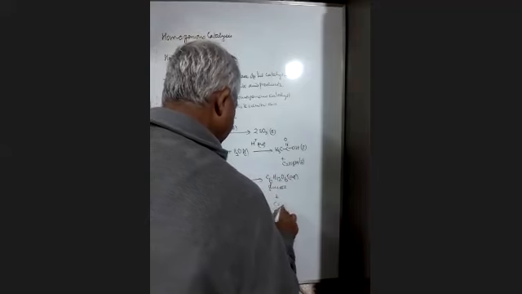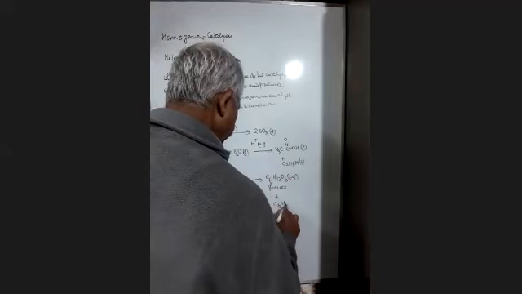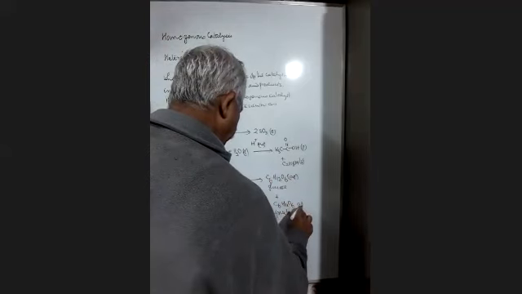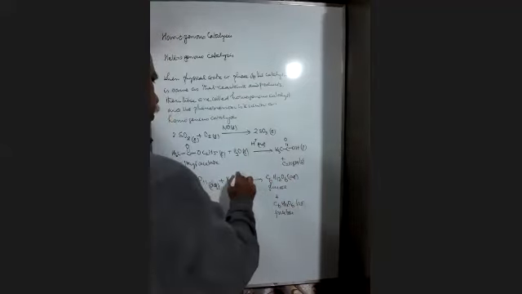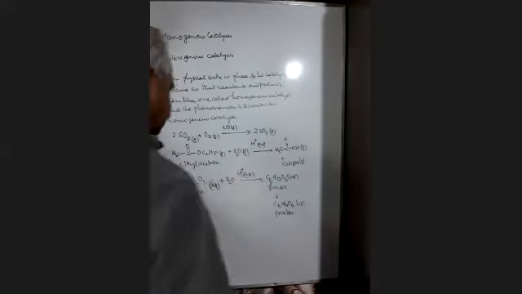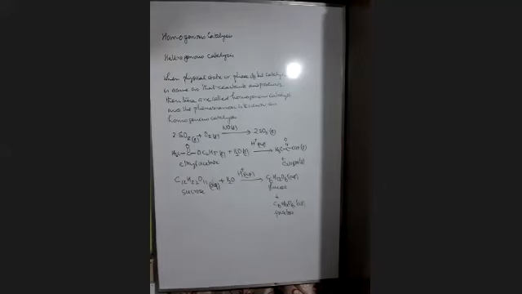The formula is the same, but the structures are different. Here also we use dilute mineral acid in the form of hydrochloric acid or sulfuric acid. So these are examples of homogeneous catalysts.